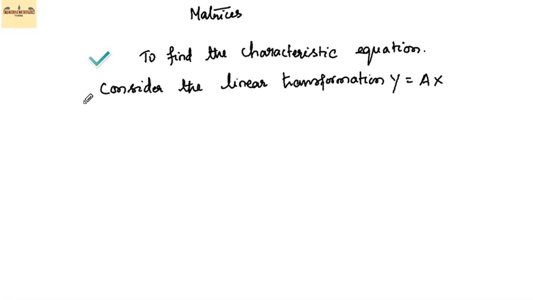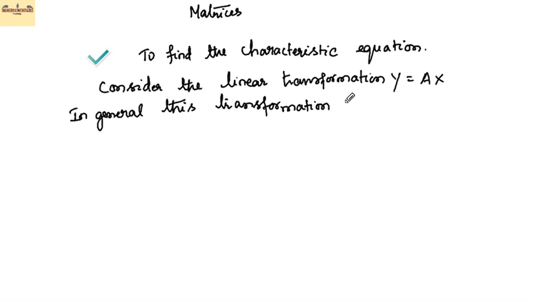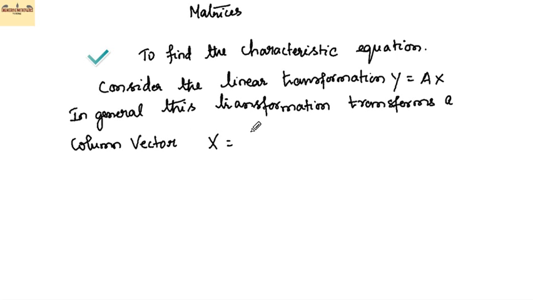In general, this transformation transforms a column vector x is equal to x1, x2, etc. xn into another column vector y is equal to y1, y2, etc. yn by means of the square matrix A. So actually, we are using the column vector x to transform into another column vector y.